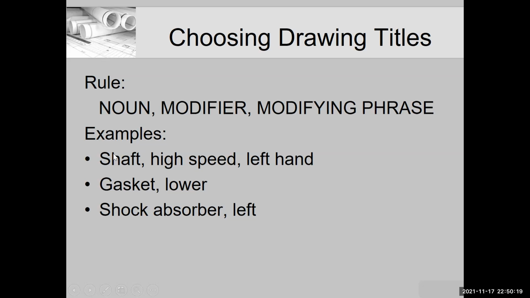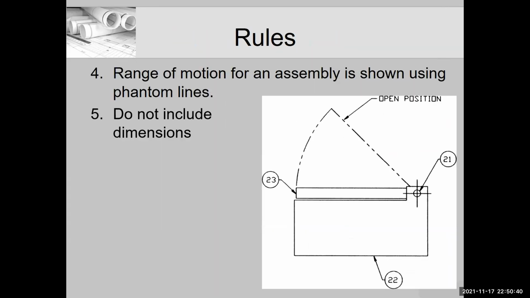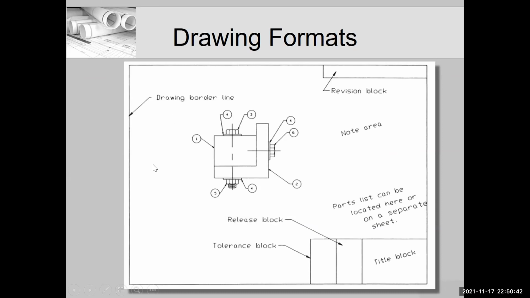Now, the other thing in your drawings is you're going to want to have in your title block, in addition to the drawing title, which we talked about when we said, how do we make a title block? You're going to want to also include the part number from the assembly or detail drawing that it associates with. So someone looking at the assembly drawing says, oh, I want to get an idea of exactly what part number 2 looks like.